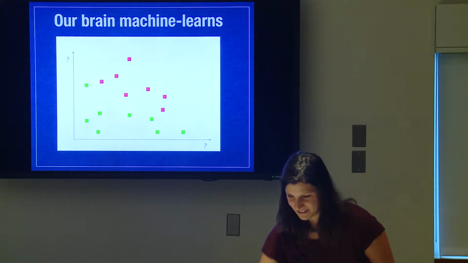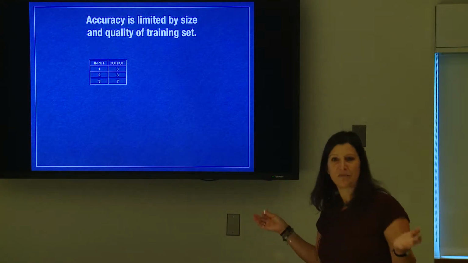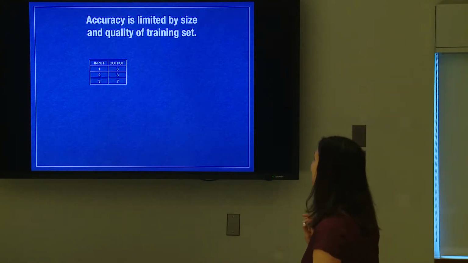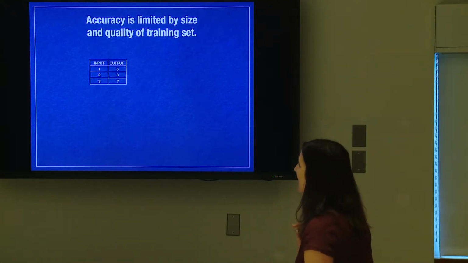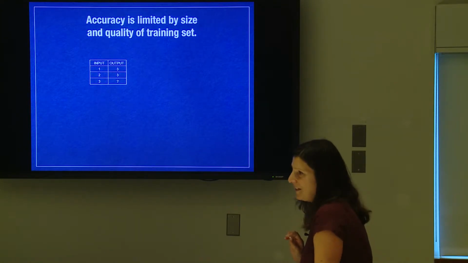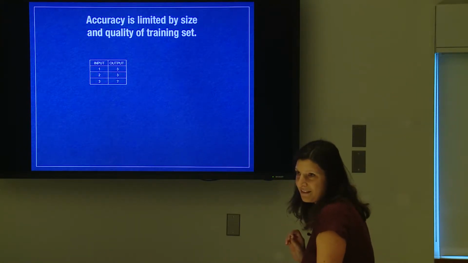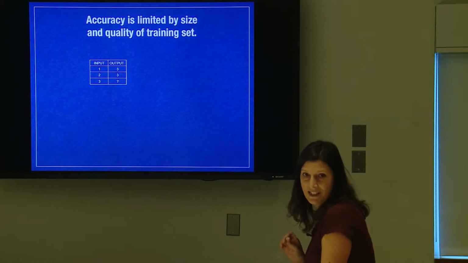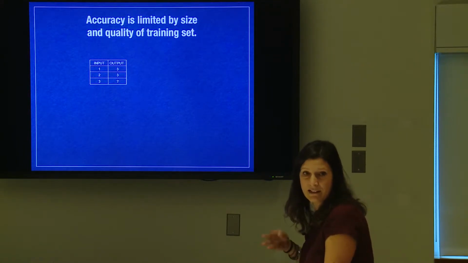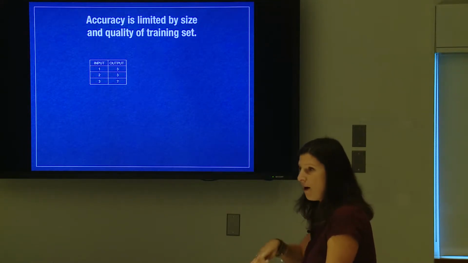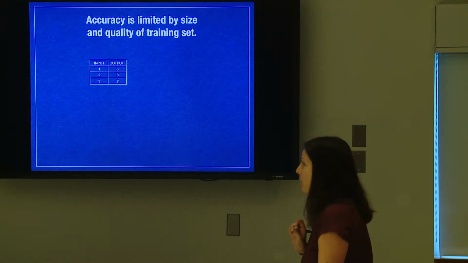And as I'm sure you're aware, but I repeat just in case, the accuracy is limited by the size and the quality of the training set. So in general, the problem we have is making sure that our training set is good enough that it's an unbiased representation of the global set of objects that we want to use.